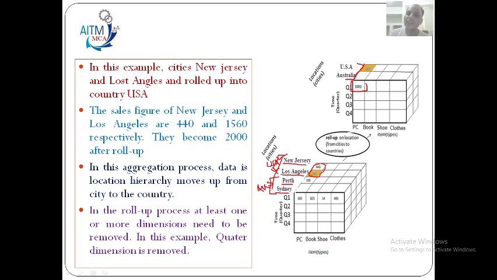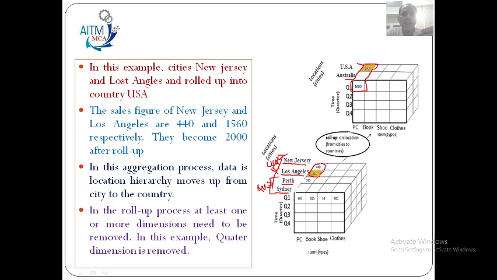Only this information; I removed the remaining quarters. I am not interested in quarter 2, quarter 3, quarter 4. So I am interested in only this. Clear? Is this roll up operation clear to all of you?